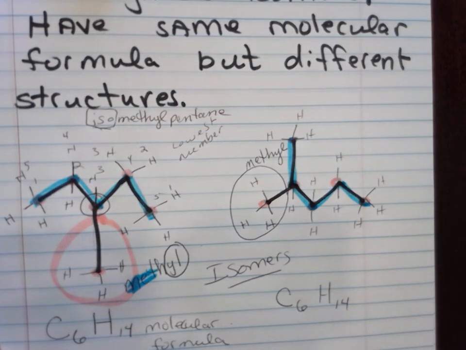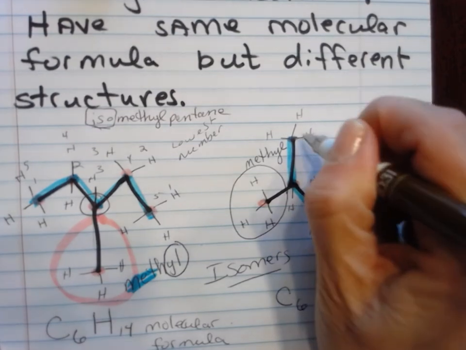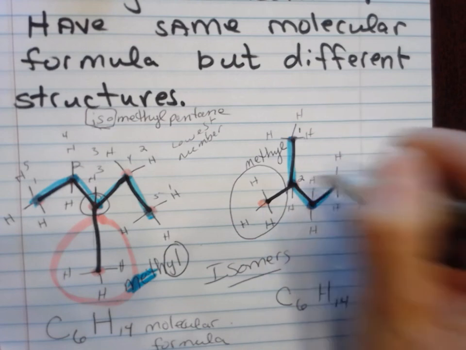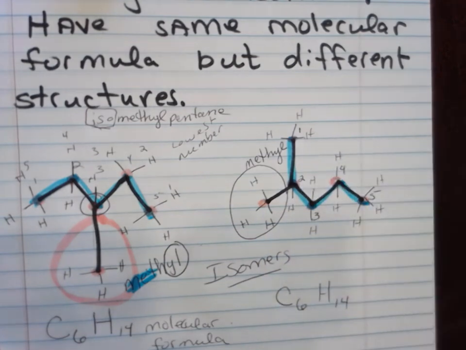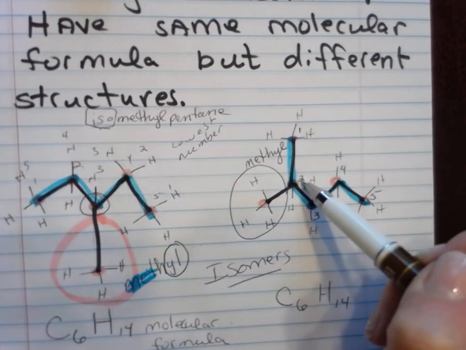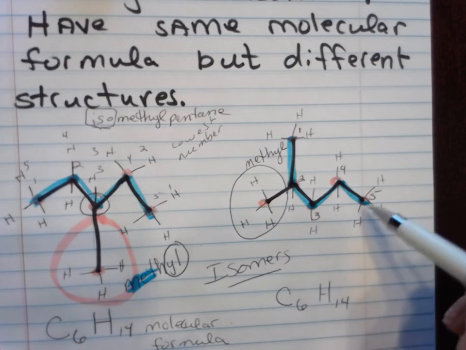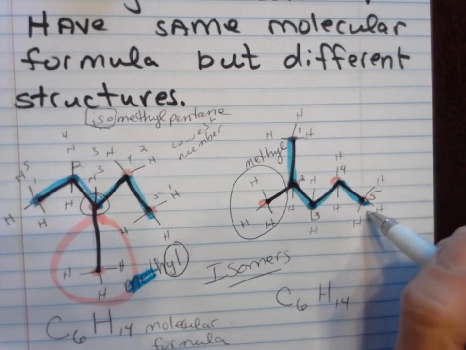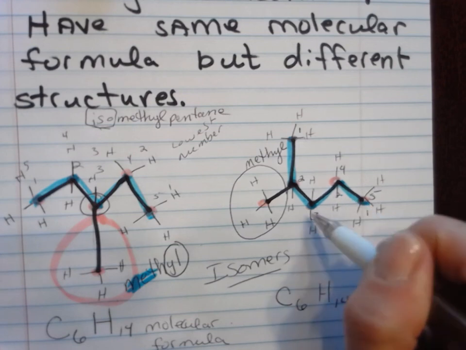and we're going to number it such that it is at the lowest carbon. If we number this way, this carbon would be 1, this would be 2, this would be 3, 4, 5. So if we number this way, it would be 2 methyl. However, if we were to number this way, this would be carbon number 1, carbon number 2, carbon number 3, and this would be carbon number 4.